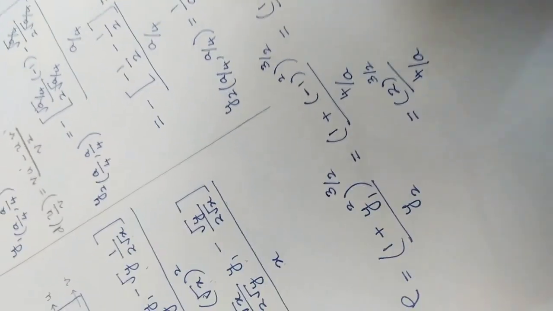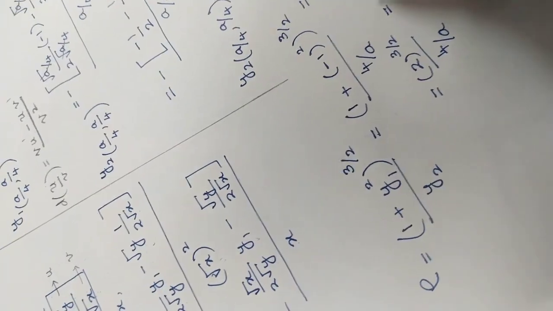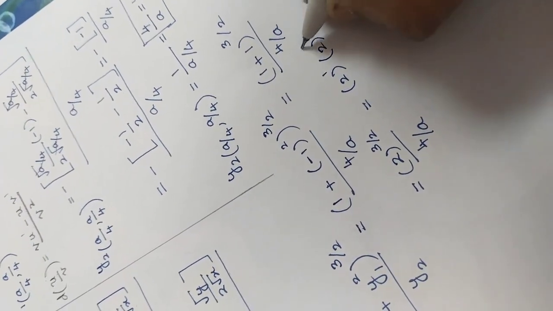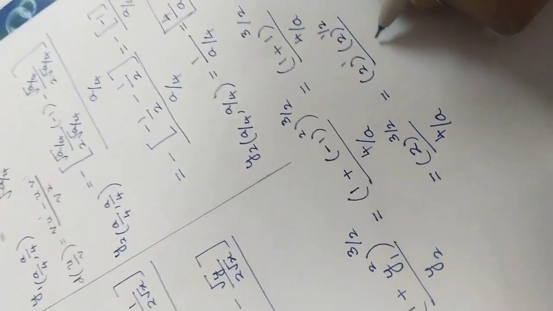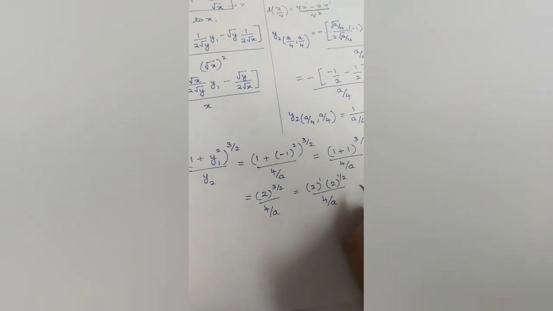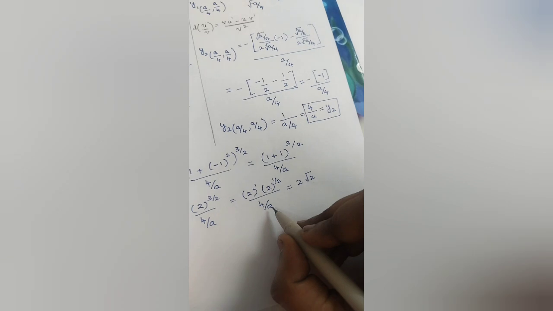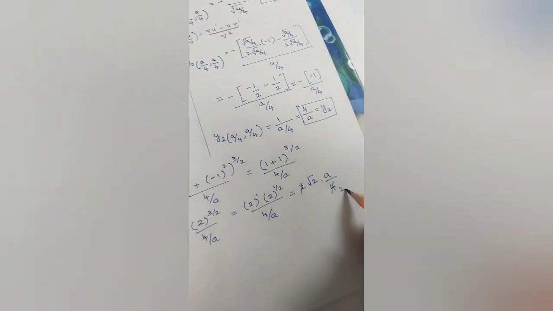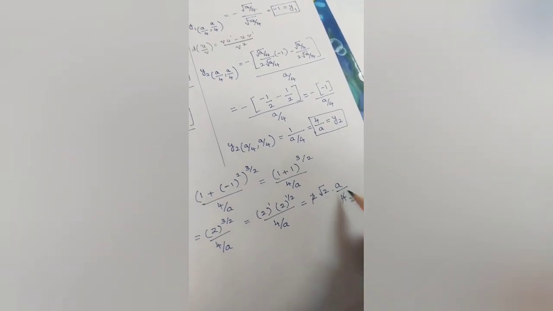Now this power 3 by 2 can be written as 2 to the power 1 and 2 to the power 1 by 2, so you can write it as 2 root 2, and this 4 by a to the numerator, when we are taking it, becomes a by 4. So this will get cancelled. You will have 2 root 2 a by 2.